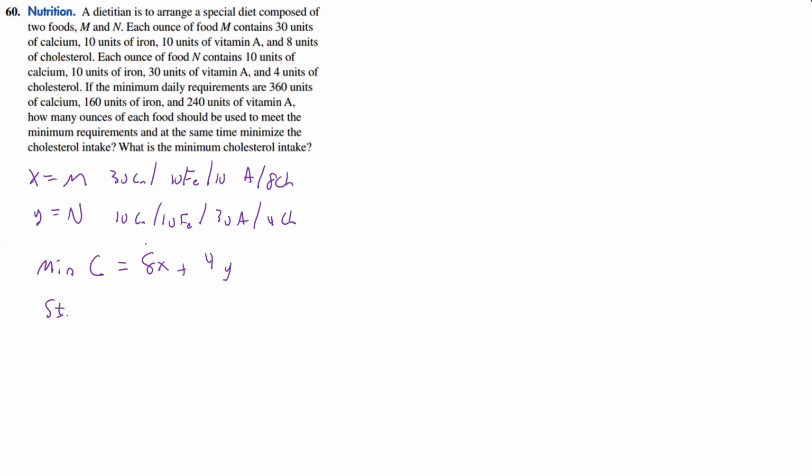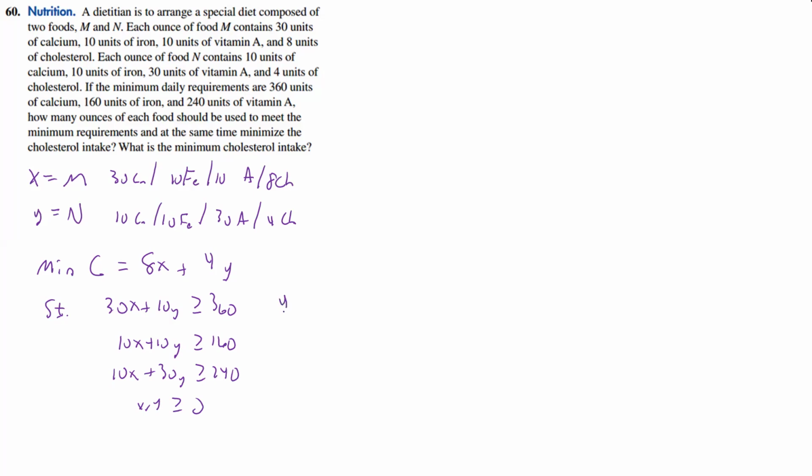Well, now we have to look at the requirements of all the different units. 30x plus 10y has to be greater than or equal to 360 for our calcium. 10x plus 10y has to be greater than or equal to 160 for our iron. 10x plus 30y has to be greater than or equal to 240 for our vitamin A. And x and y both have to be greater than or equal to 0.